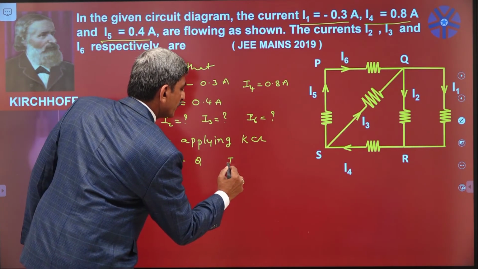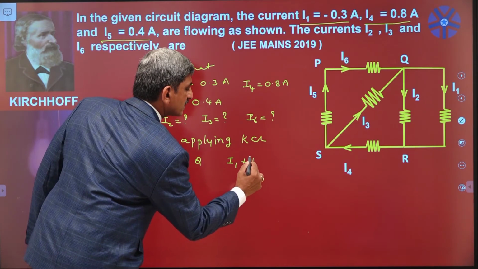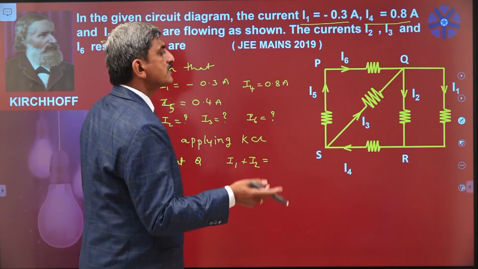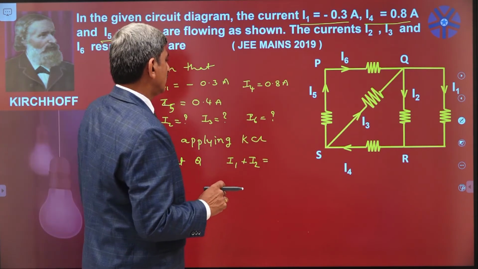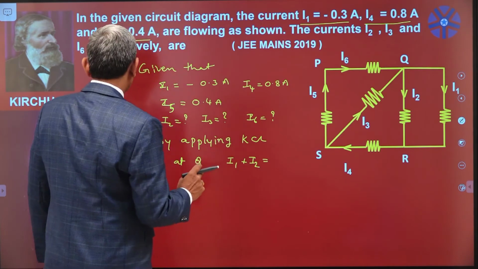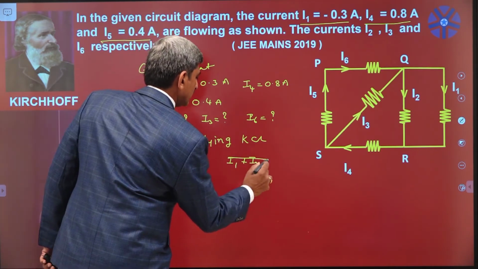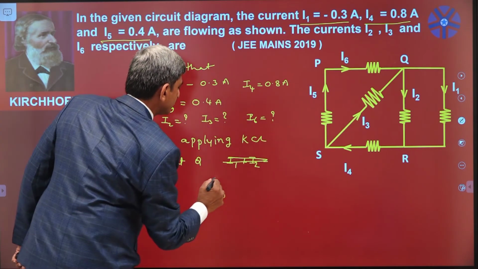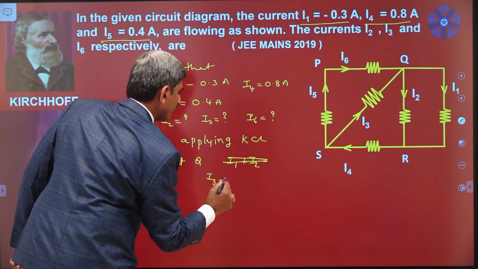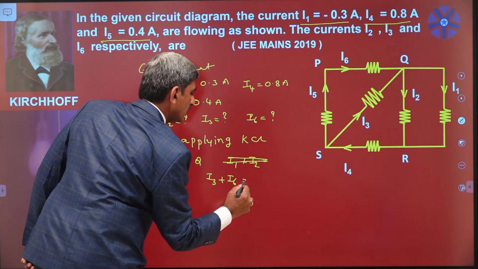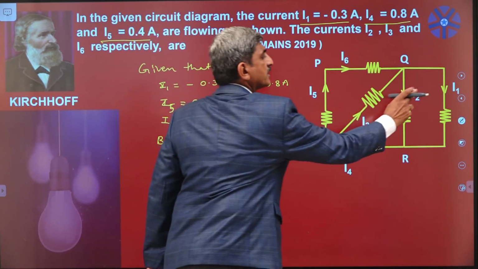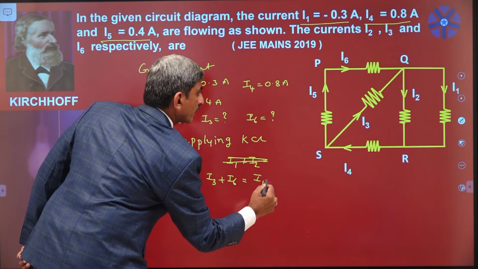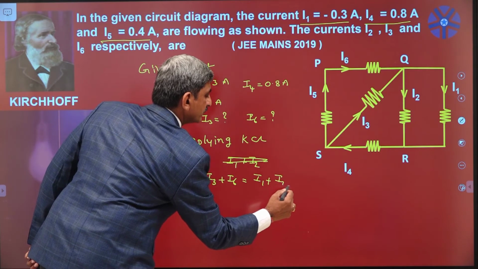Sum of the currents flowing towards the junction, I1 plus I2, is equal to the sum of the currents flowing away from the junction, that is I3 plus I6.